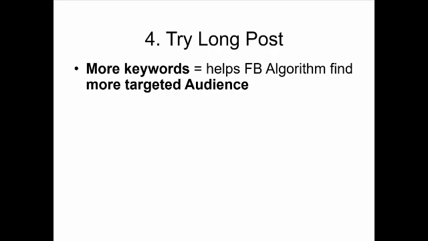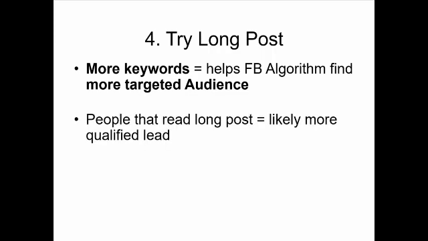Number 1, let's talk about the Facebook algorithm or learning machine. The more you write into your post, of course within reasonable limits, it actually helps tell Facebook, a learning machine, that look, this is the kind of audience that I want to hook in, all right? It helps you find a more targeted audience. And we also find that people that bother to read a long post are also more likely to be qualified and interested.